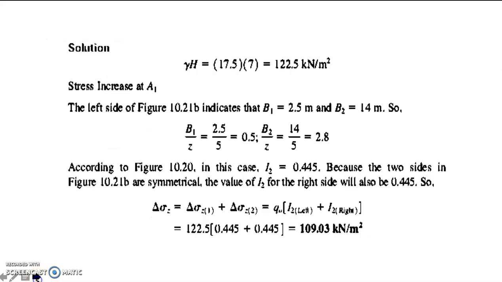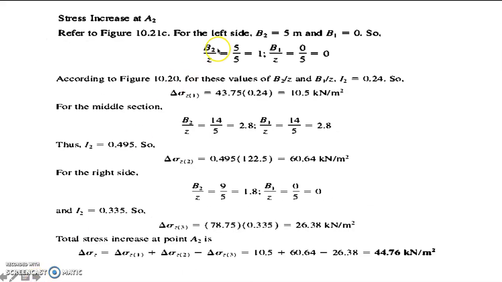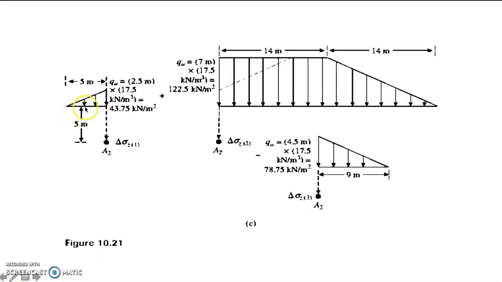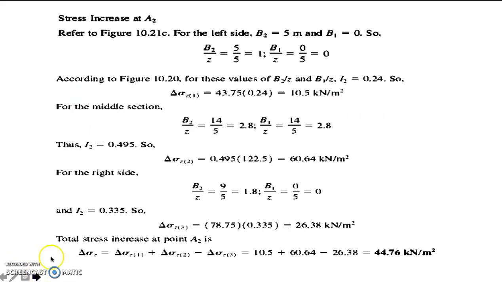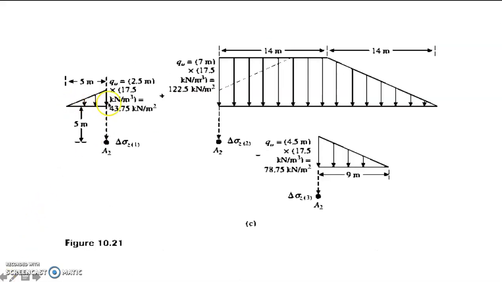So we get our B2 on the left side of A sub 2. Our B2 is 5 meters, and our B1 is 0, because here on the left side, we don't have a value for B sub 1, so that would be 0.